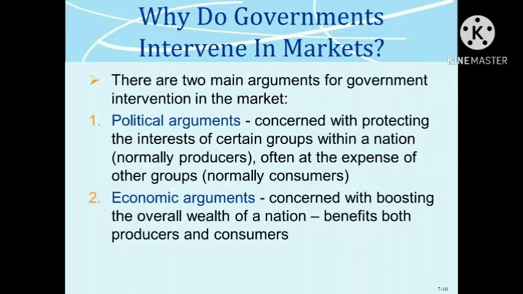Political arguments for intervention are concerned with protecting the interests of certain groups within a nation, normally producers, often at the expense of other groups, normally the consumers, or with achieving some political objective that lies outside the sphere of economic relationships, such as protecting the environment or human rights. While economic arguments for intervention are typically concerned with boosting the overall wealth of a nation to the benefit of all, both producers and consumers.